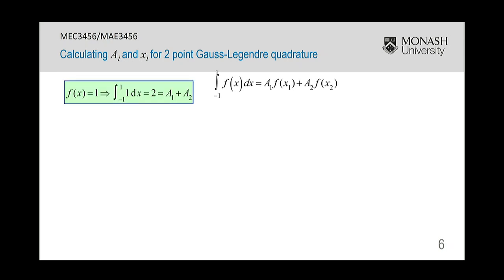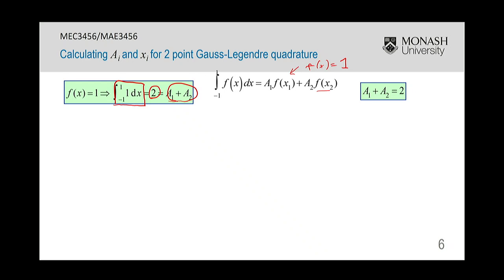So that's our 2-point Gauss-Legendre quadrature rule. Let's let f of x equal 1. So the integral from minus 1 to 1 of 1 is simply equal to 2. And if we substitute f of x equal to 1 in this expression, f of x1 is just equal to 1 and f of x2 is just equal to 1, so this is equal to a1 plus a2. And so our first equation is a1 plus a2 is equal to 2.